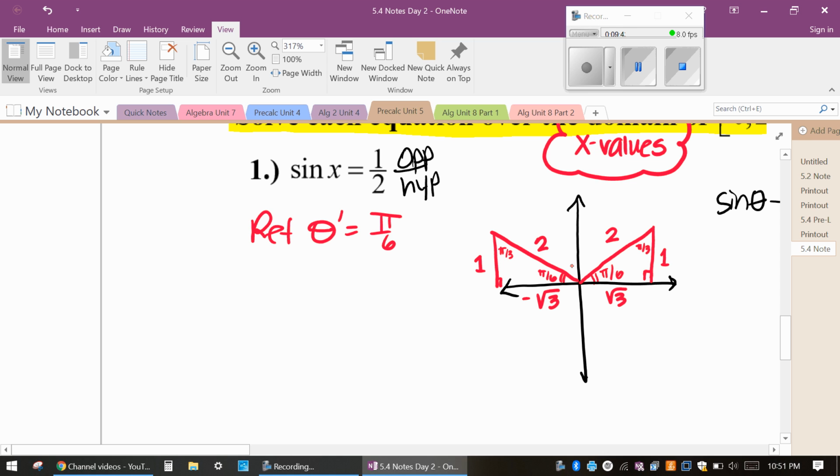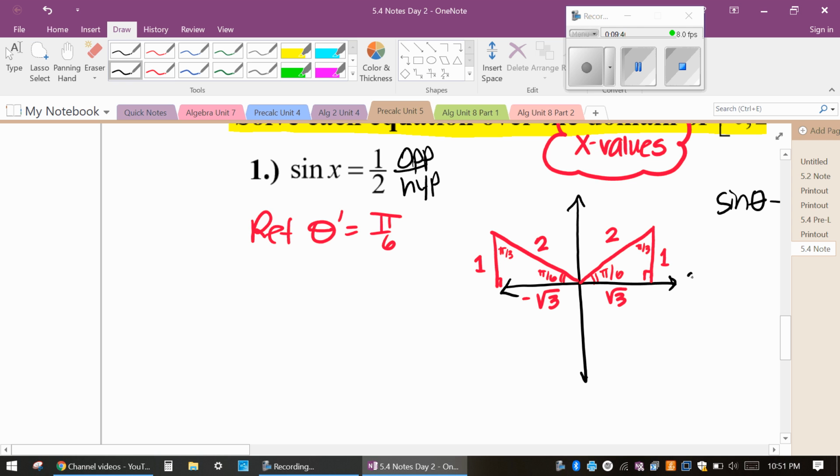Because they want the answer in radians, remember that in radians, this is 0, aka 2 pi. So this would be 1 pi over 6. And then this angle, counting starting from 0, is, remember this is 1 pi.